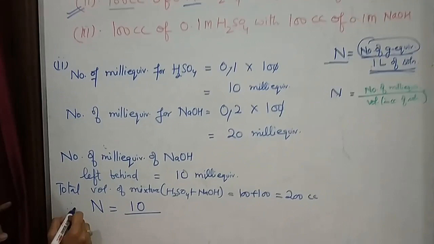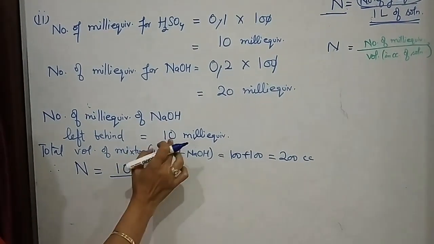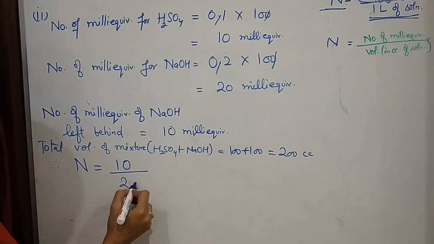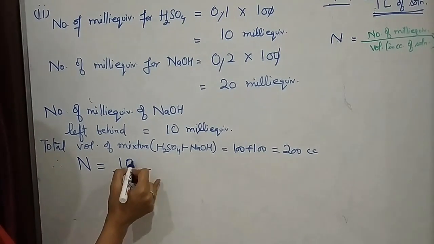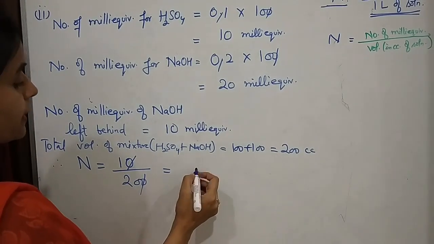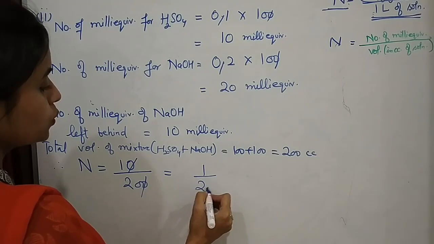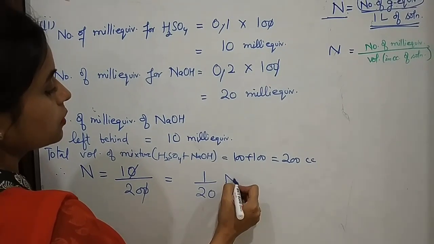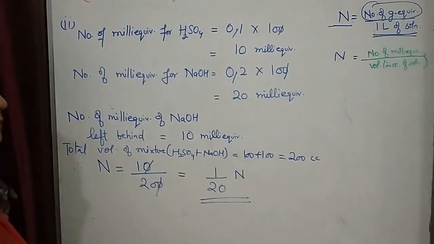So, therefore, normality of the mixture is 10 milli equivalent upon 200 cc, which comes out to be 1 by 20 normal. So this is your answer.